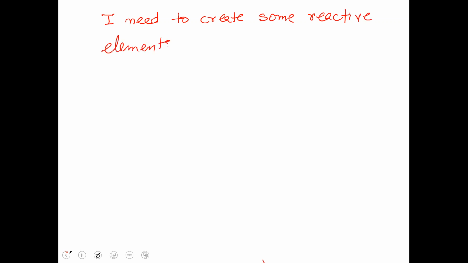So now, if I was trying to do matching to the circuit, I need to create some reactive elements in the waveguide.